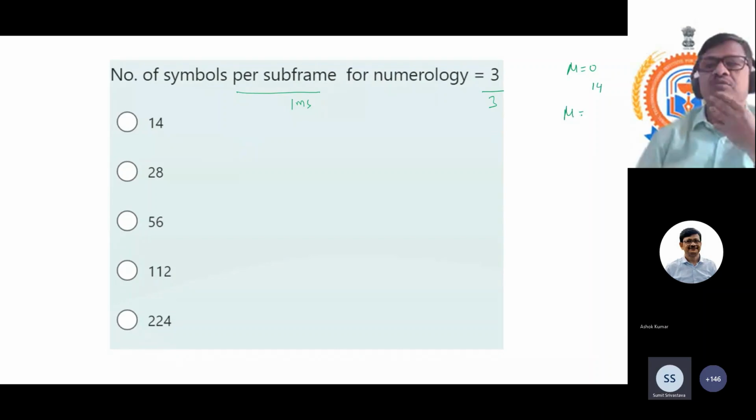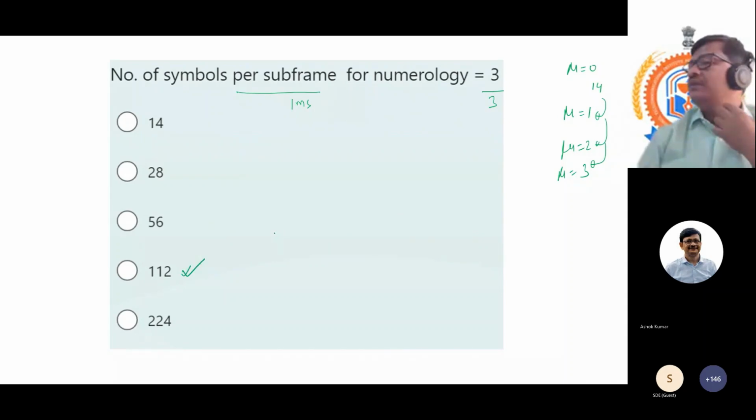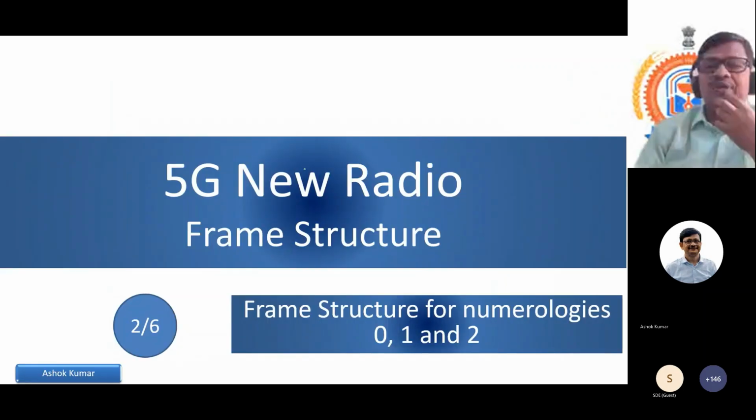In numerology 1, 2, 3, you'll have 2 slots, then 4 slots, then 8 slots. So what is the answer? 112, sir. 112. Okay, great.